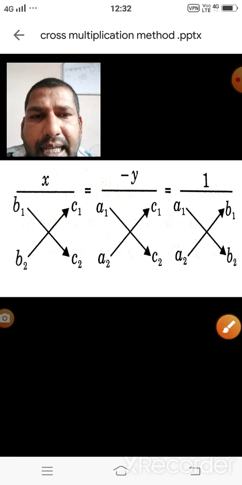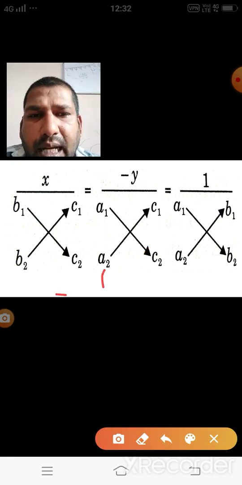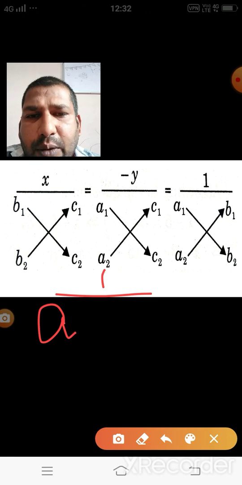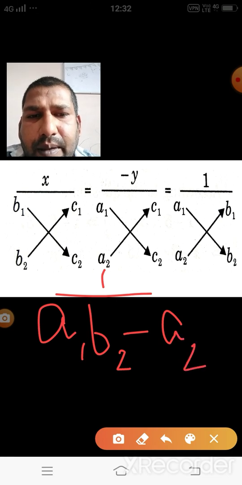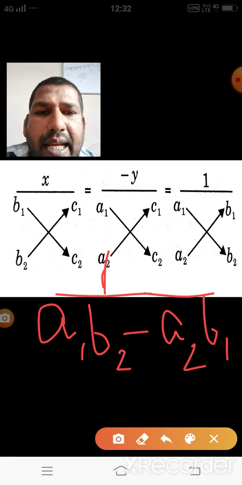And for 1 upon we get a1 b2 minus a2 b1. Up to down, minus down to up, and we take the multiplication in the cross. For this reason we call this the cross multiplication method.